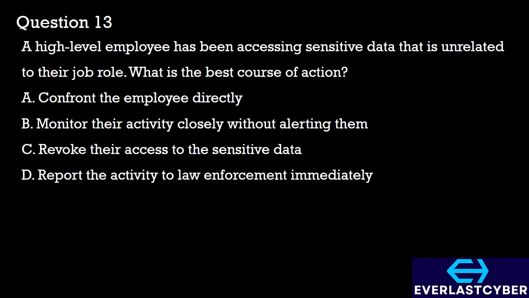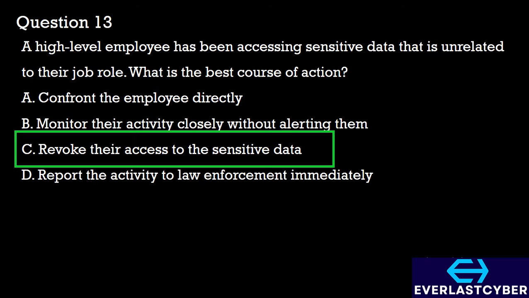It's typically the internal security, HR, and legal teams that will handle the investigation. And then when there is evidence of a serious crime, it can be escalated to law enforcement if necessary. So for question 13, the answer is option C, revoke their access to the sensitive data.